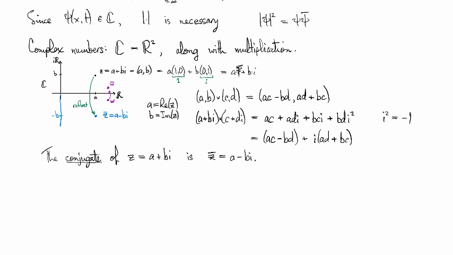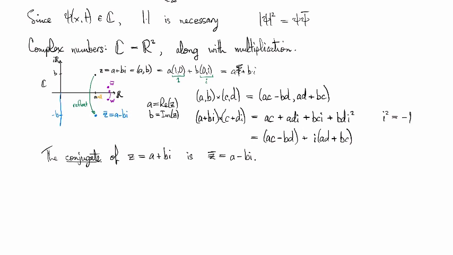And the conjugate of a is a. And that's, by the way, the definition of a real number. It's a complex number whose conjugate is itself. Anyway, so with that, if I look at z times z conjugate, I've got a plus bi times a minus bi. And multiplying this out, I'm going to get a squared plus b squared.